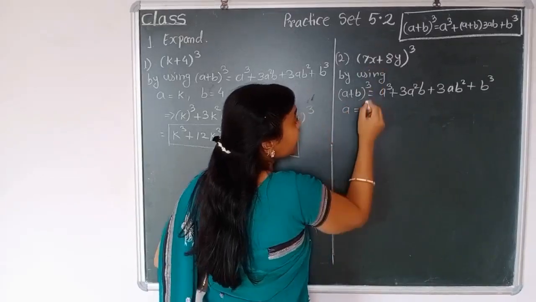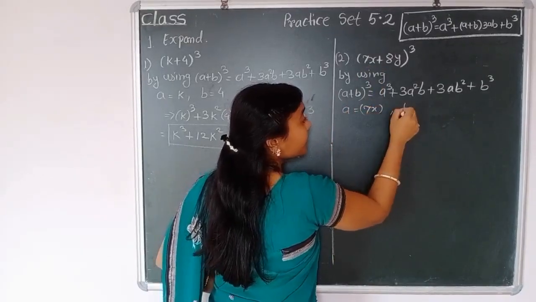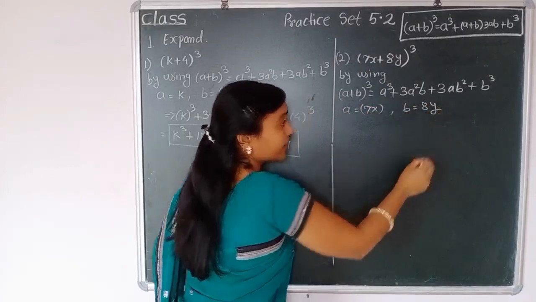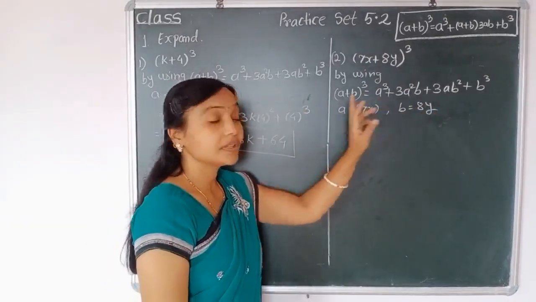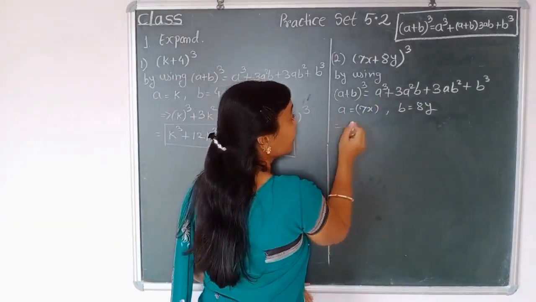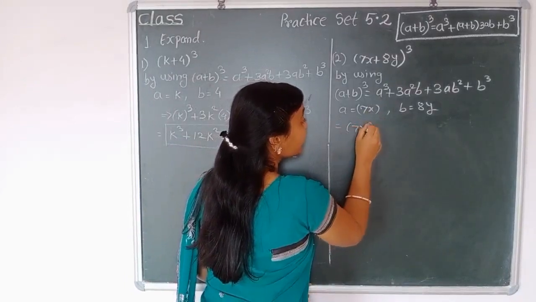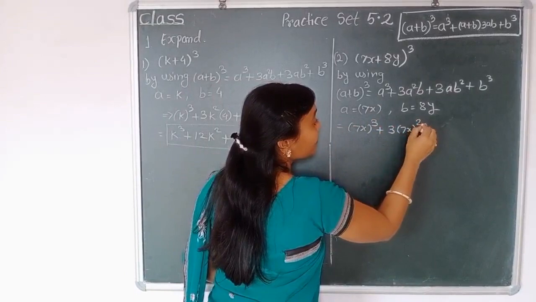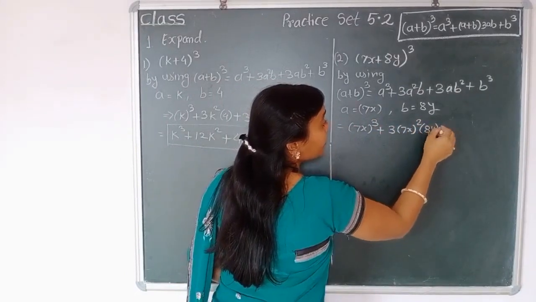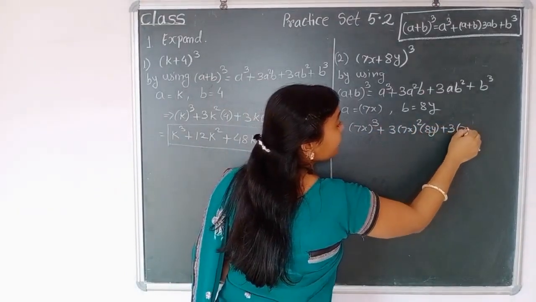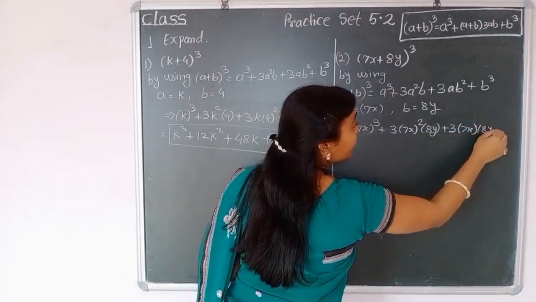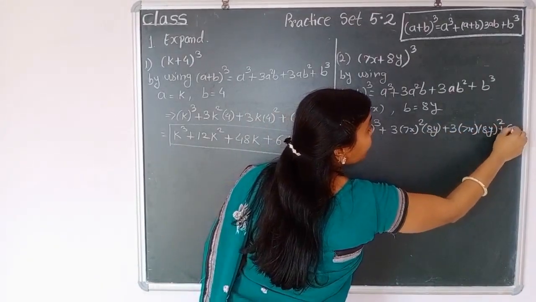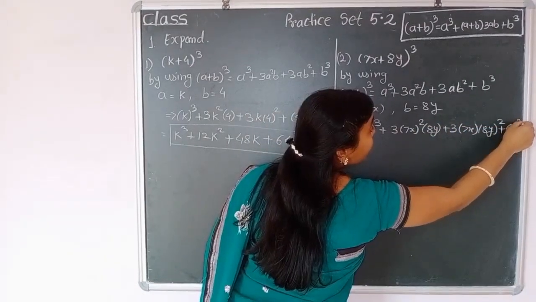Here a means 7x and b means 8y. These values we keep in our formula and solve. (7x) cube plus thrice (7x) square into 8y plus thrice 7x into (8y) square plus (8y) cube.